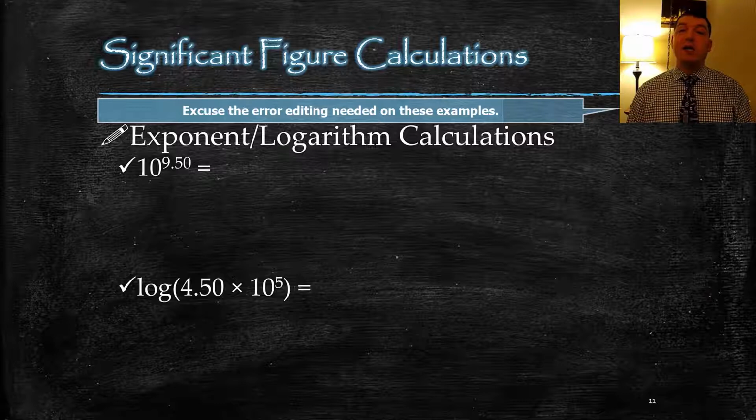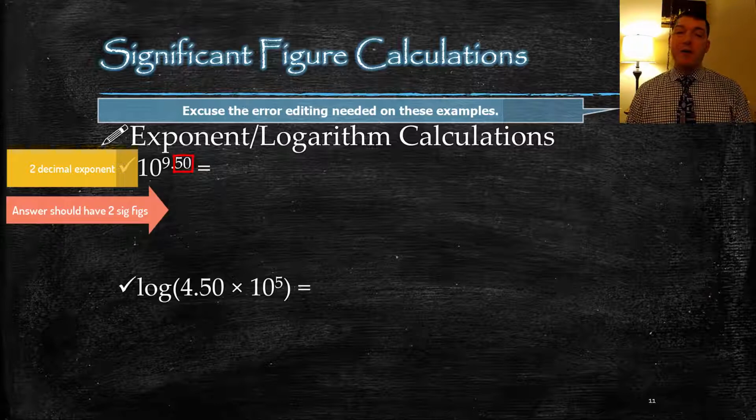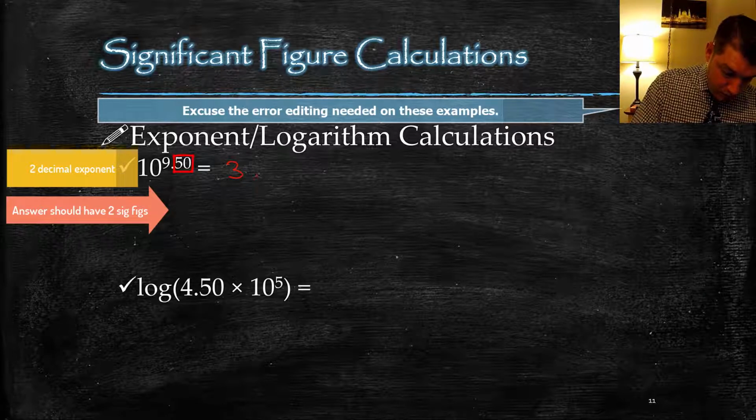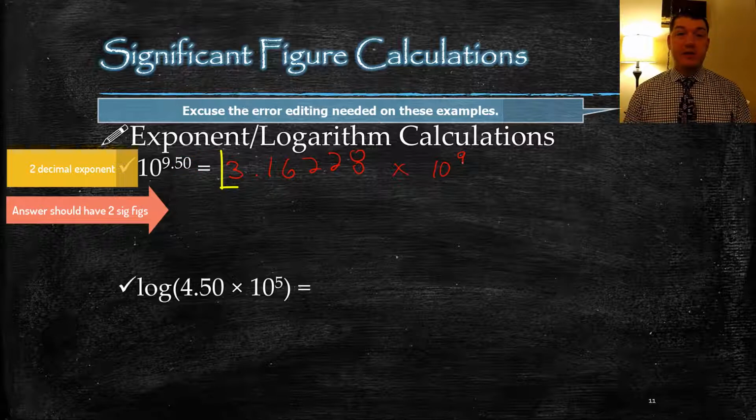So we see, when we look at that exponent 9.50, that means our computed answer should have two significant figures. 3.16228 times 10 to the 9th. Now that has way more significant figures.